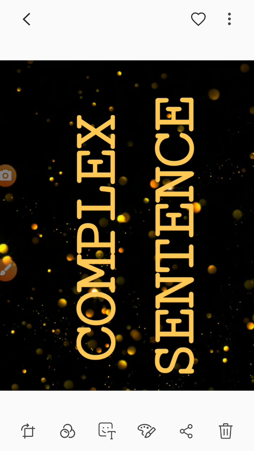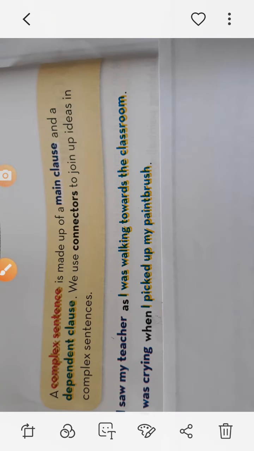So today the topic which we'll have a brief discussion on is the complex sentence. Let's have a look at the definition of a complex sentence. A complex sentence is made up of a main clause and a dependent clause. Here a question must arise in our mind: what is a main clause and what is a dependent clause?